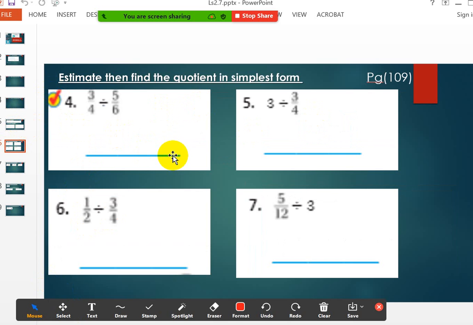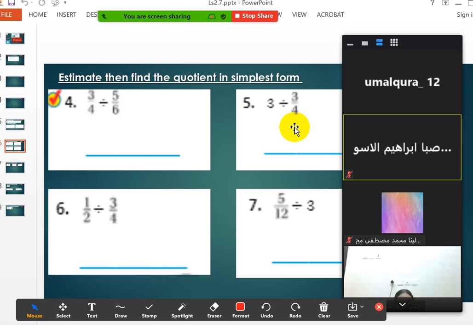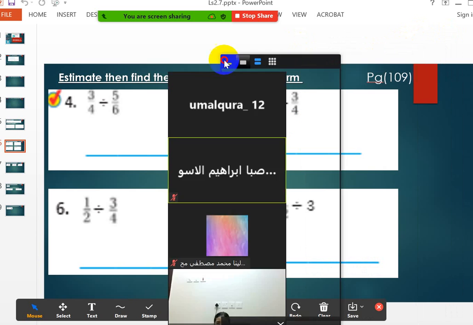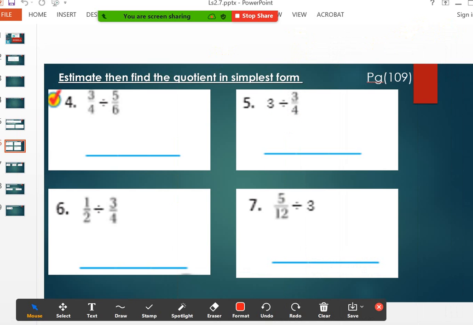With number 5 I want to divide 3 by 3 over 4. Remember that you can estimate the quotient, and then you can choose any strategy to find the quotient. But if I didn't mention the strategy, if I told you just find the quotient, you can choose any one.